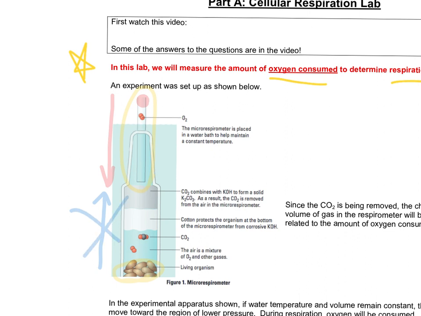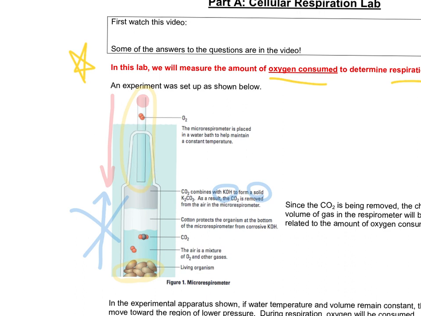So we do that using a chemical called KOH, and KOH, potassium hydroxide, is put in the vial to absorb the CO2 so that the CO2 essentially becomes a solid and will not move that water droplet.